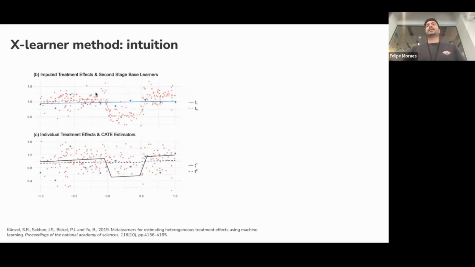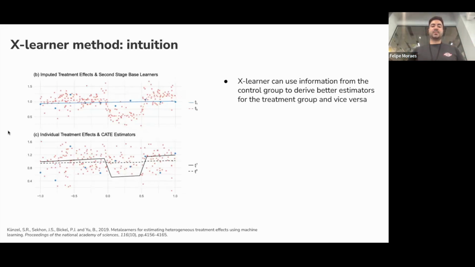And what the X-learner tries to do is create these counterfactual outcomes and give enough data, creating this counterfactual data so that you can learn this nonlinearity. What this means, in conclusion, is that the X-learner can use the information from the control group and derive better estimations for the treatment group and vice versa.